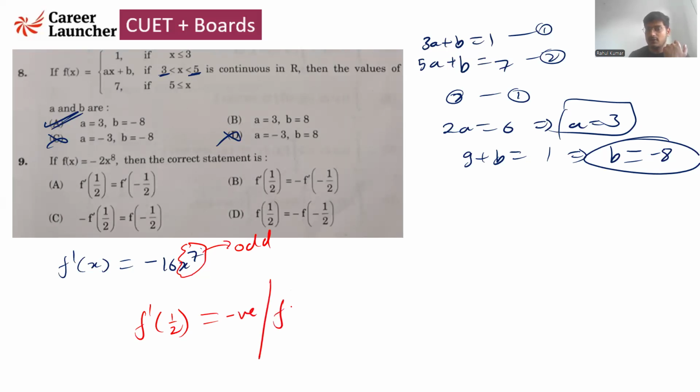And if you find f dash of minus 2, it will become a positive value because odd functions tell us that the negative sign gets multiplied outside the function. Both have the same modulus value, but the signs are different. Because of this, one of them is the negative of the other. So f dash of 1 by 2 is the negative of f dash of minus 1 by 2. So option B is the correct answer.